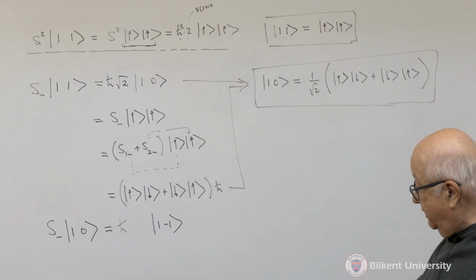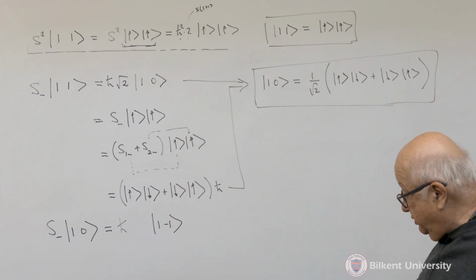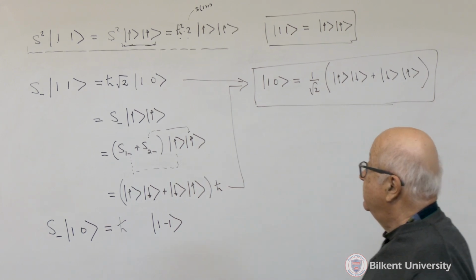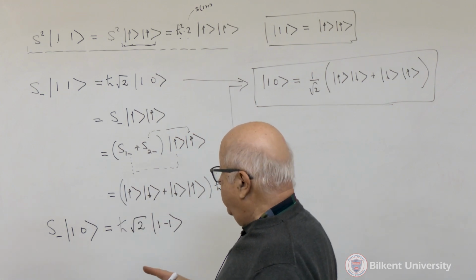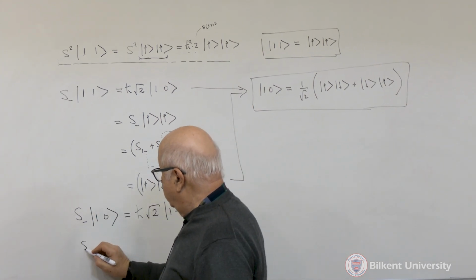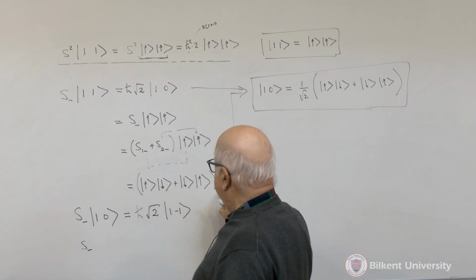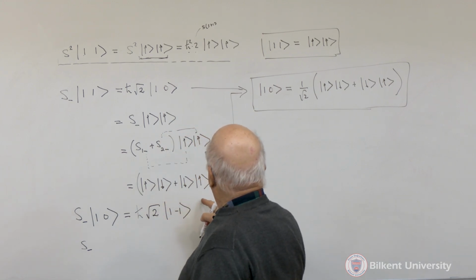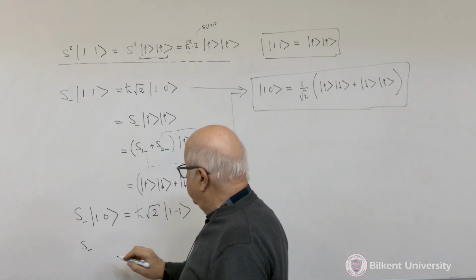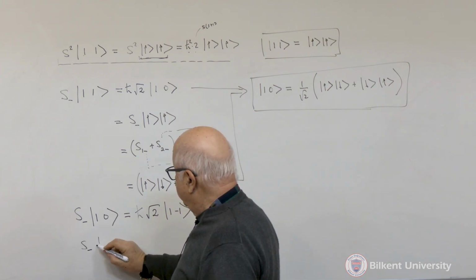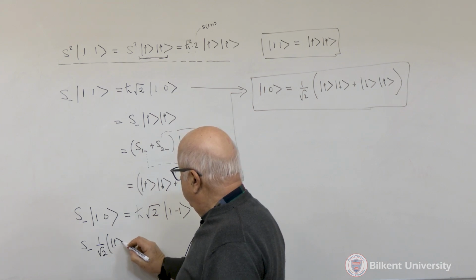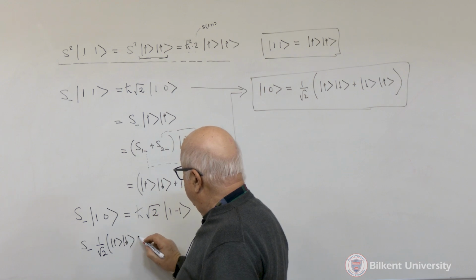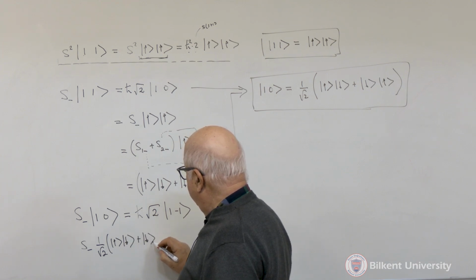MS is 0, so that goes away. S plus 1, so it's going to be square root of 2, right? So square root of 2. But let's also operate on this, which is the 1, 0 object. So that's going to be 1 over square root of 2 times up, down, plus down, up.